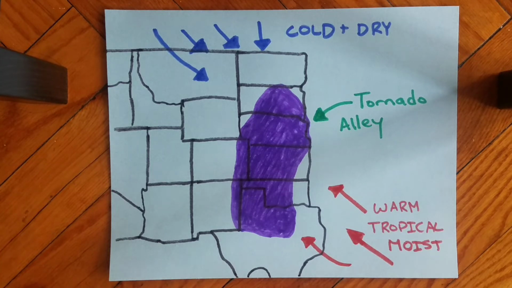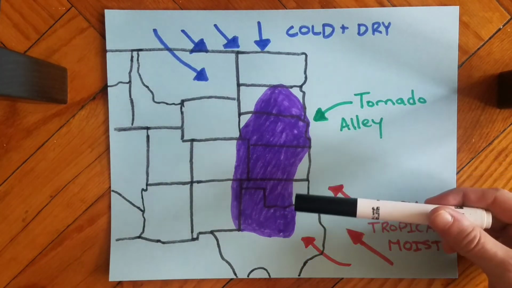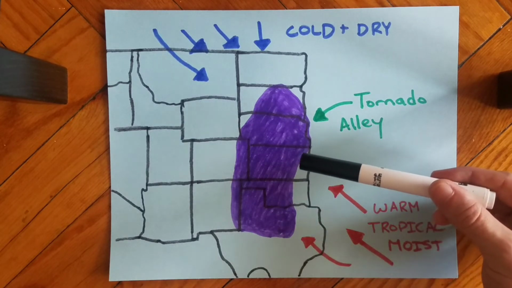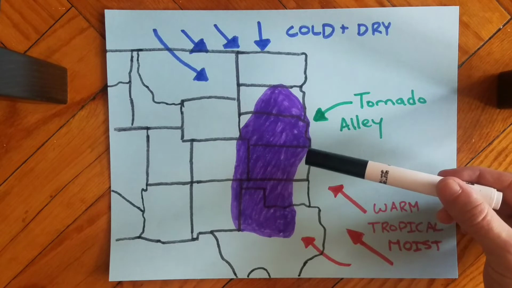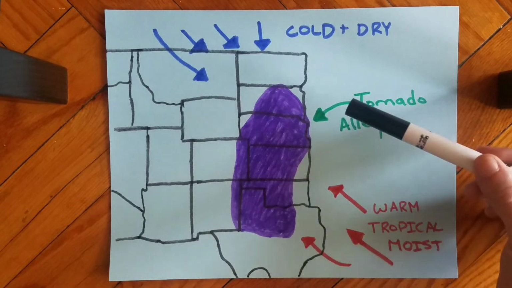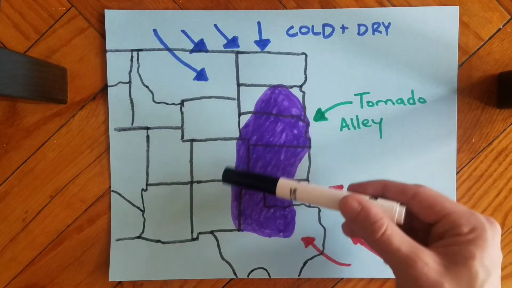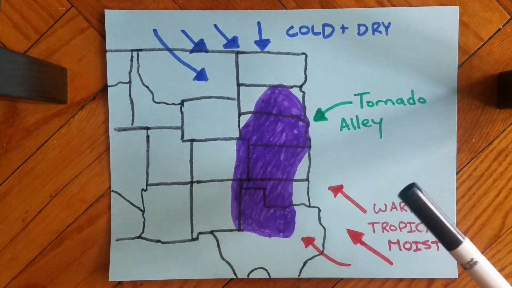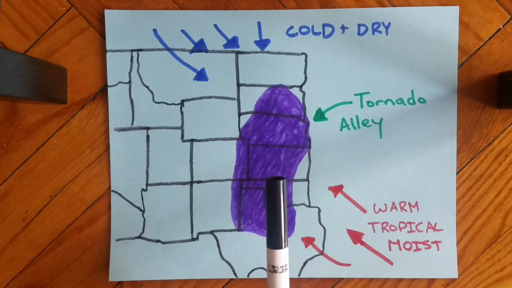So this really happens particularly in what we call Tornado Alley. This is northern Texas, the majority of Oklahoma, a lot of Kansas, almost the entirety of Nebraska, some of South Dakota. Now, tornadoes happen in Colorado and New Mexico and Missouri, Illinois, Arkansas, Louisiana, but they're really bad here.